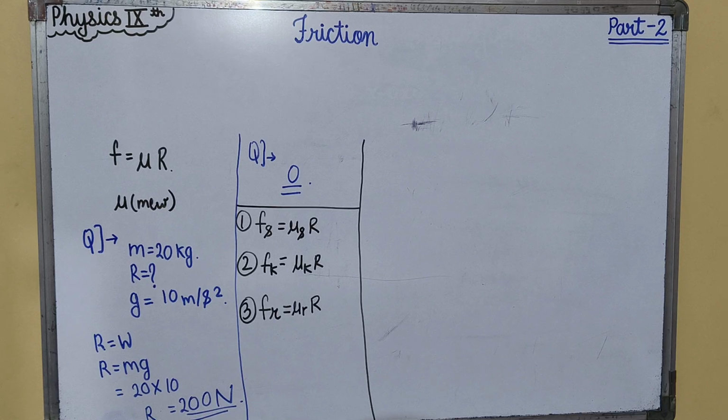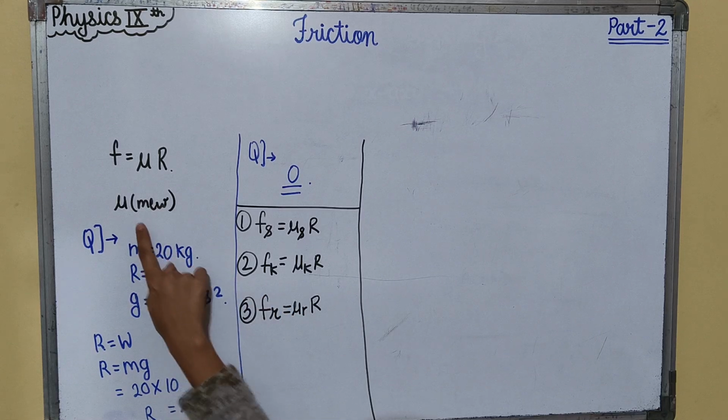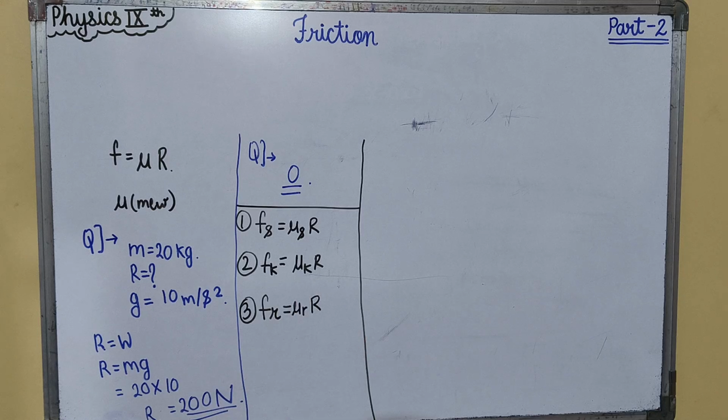First, coefficient of static friction means mu static is equal to static frictional force upon normal reaction. Second, coefficient of kinetic friction means mu kinetic is equal to kinetic frictional force upon normal reaction. And third, coefficient of rolling friction, that is mu rolling, is equal to rolling frictional force upon normal reaction.